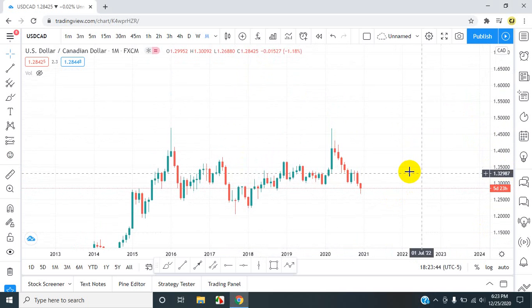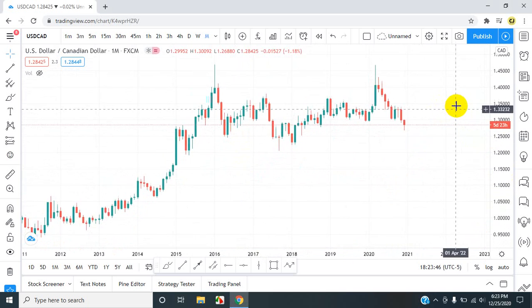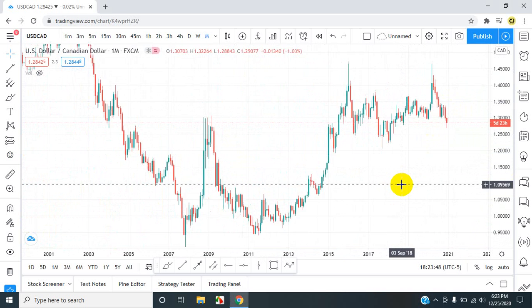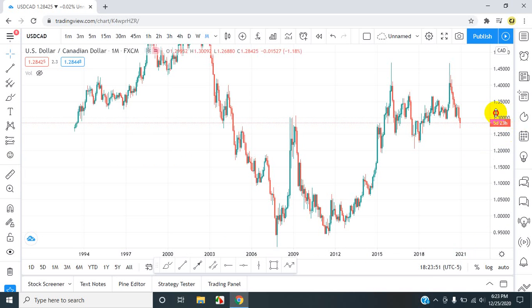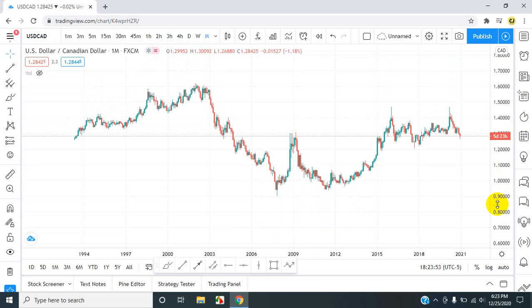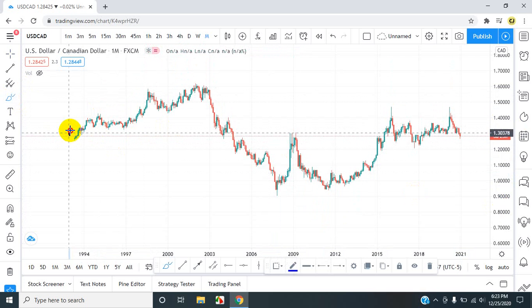So as we can see, let's take a look at our overview to see what's going on. In the market, price started off over here, back in like 1993.